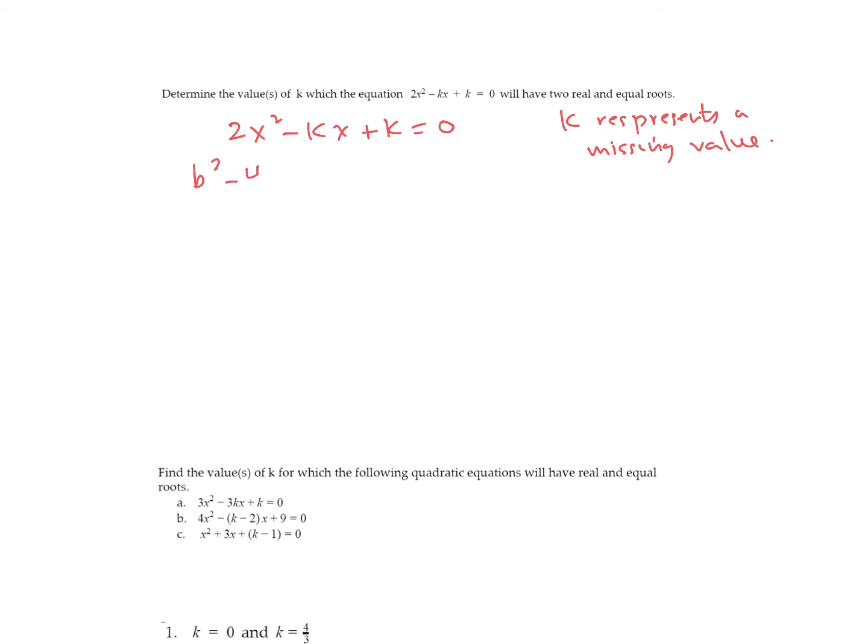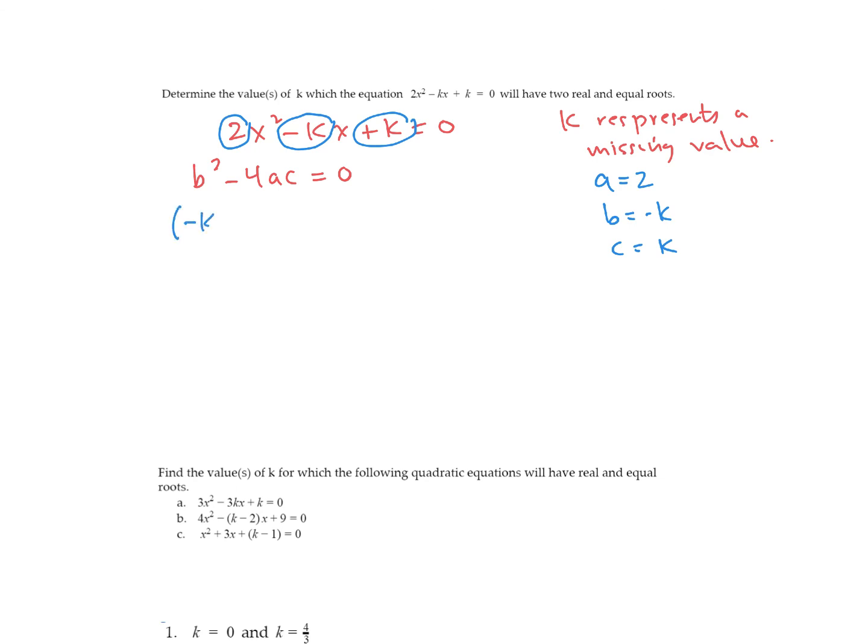So if it has two real and equal roots, the discriminant would equal 0. So in this question, a is 2, b is negative k, c is k. So these are the coefficients. So a is the coefficient on the x squared, b is the coefficient on the x, and c is the constant. So I'm going to plug these into the equation here.